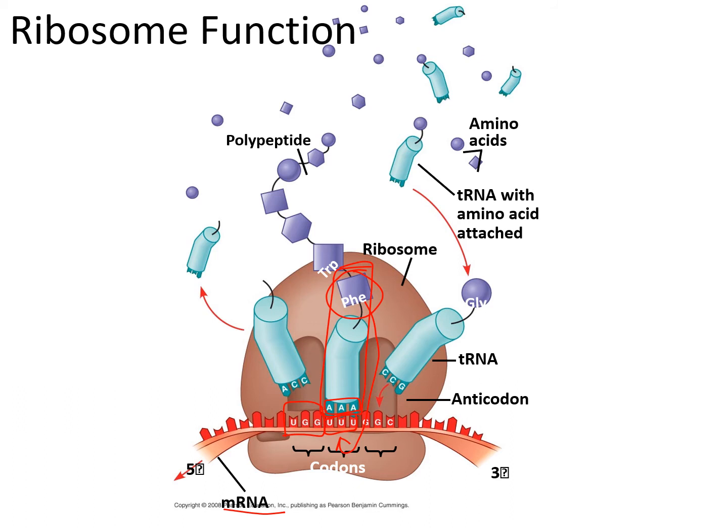Once it has matched the appropriate tRNA to the codon, then it forms a peptide bond. And that peptide bond is linking together the amino acids. And ribosomes do this over and over. They would slide along, read the second codon, match the appropriate tRNA to that codon, and then the last thing they do is link the amino acids together by forming a peptide bond.